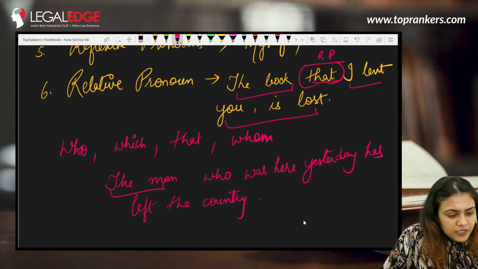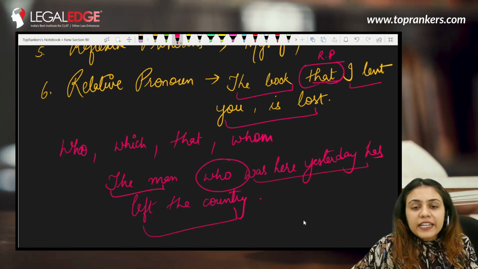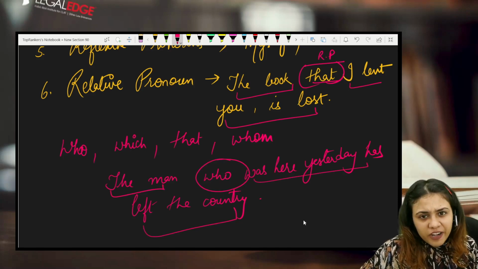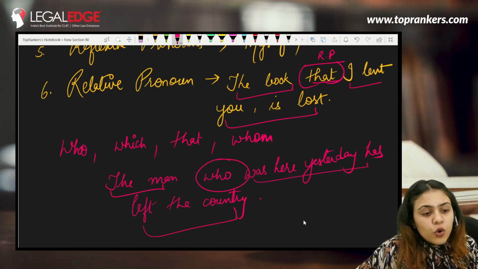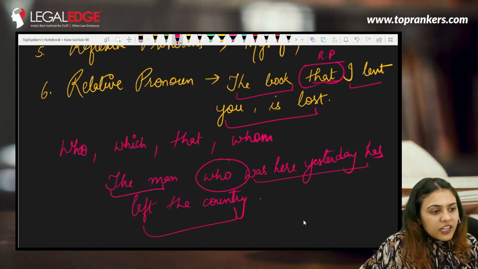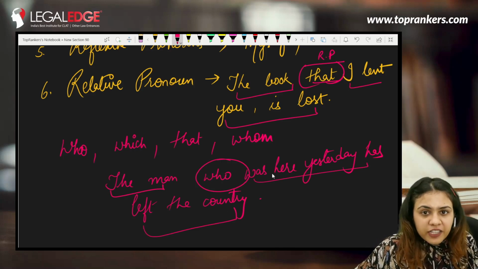So can you see the subject and the rest of the sentence? What is the joining link? It's who. It somehow behaves like a conjunction, right? But then again, who, that, this cannot really be considered as a conjunction. So that's the reason they are falling under the category of relative pronouns.